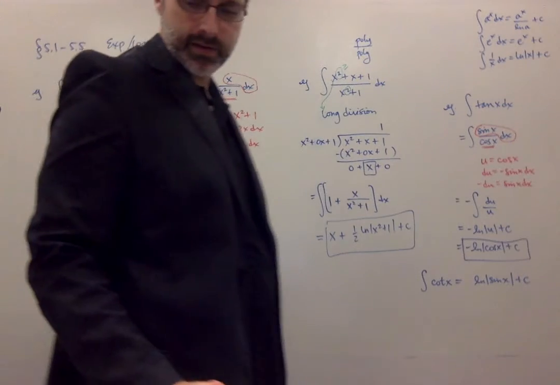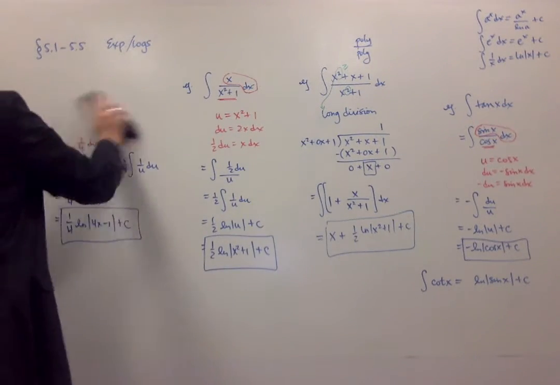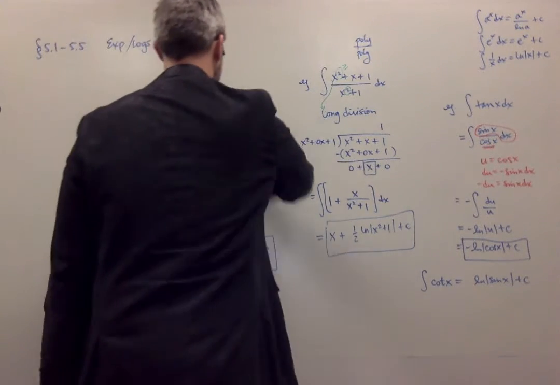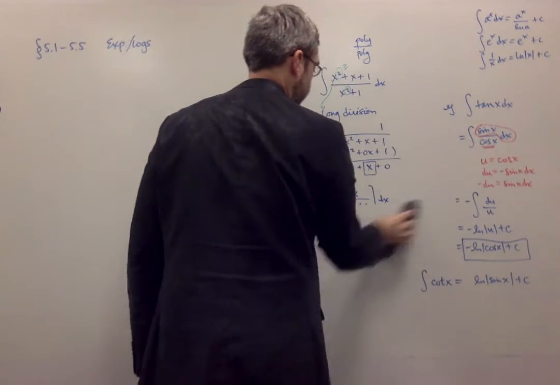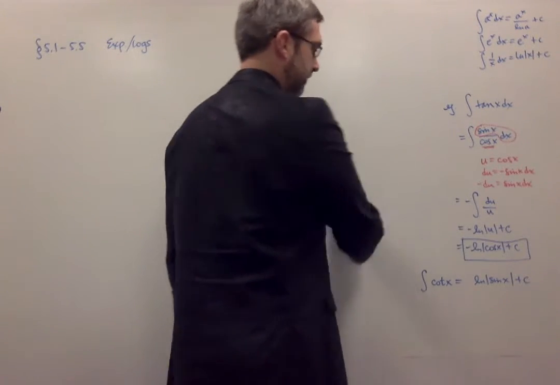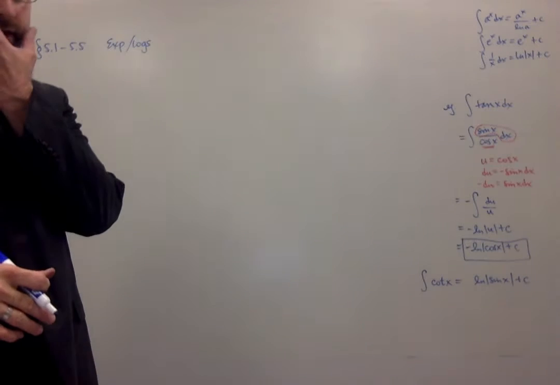Since we're doing antiderivatives of trig functions, we know how to do cosine and sine already. We now know how to do tangent and cotangent. Cotangent you would just turn into cosine over sine and do u substitution.